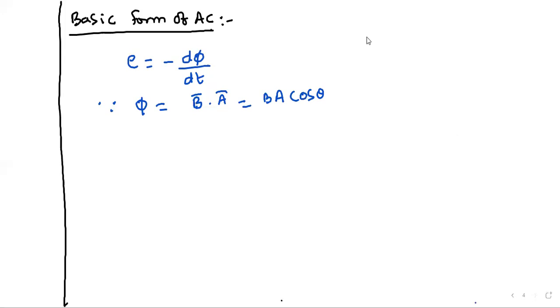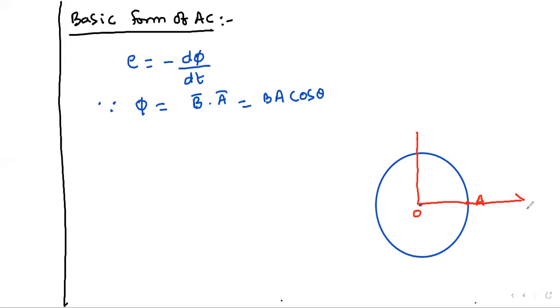Suppose I have a particle moving in a circular path. Let us consider a particle at A. With respect to the center of the path, I will consider the coordinates: this is the x-axis, here is the y-axis. Initially, the particle is at point A, at a radius r.